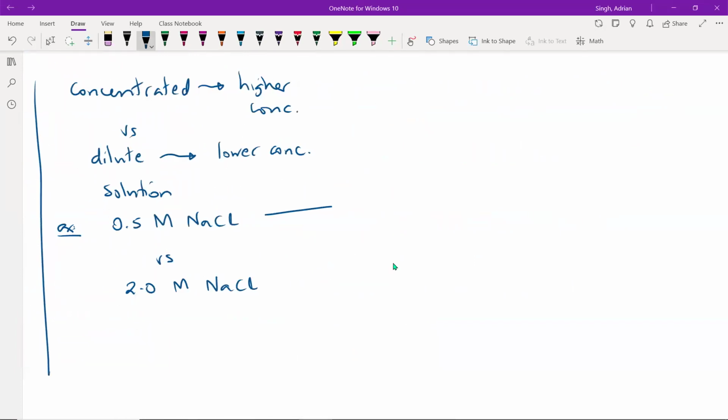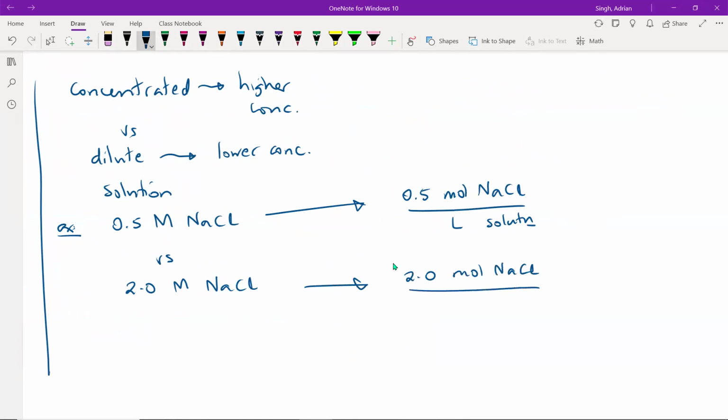So 0.5 molar NaCl means that I have 0.5 moles of sodium chloride for every liter of solution, the sodium chloride solution. Whereas a 2 molar NaCl means I have 2.0 moles of sodium chloride for every liter of solution. So obviously this one down here is more concentrated because there's 4 times as much solute in the same amount of volume of solution.